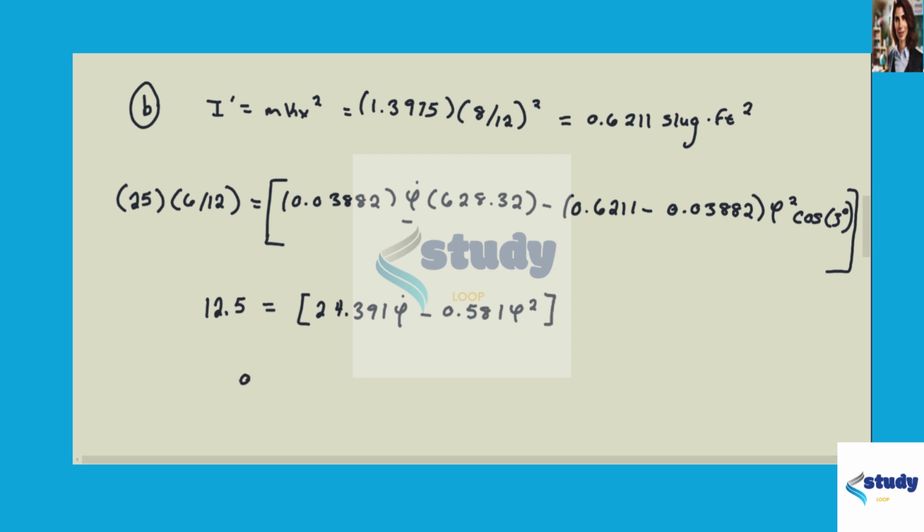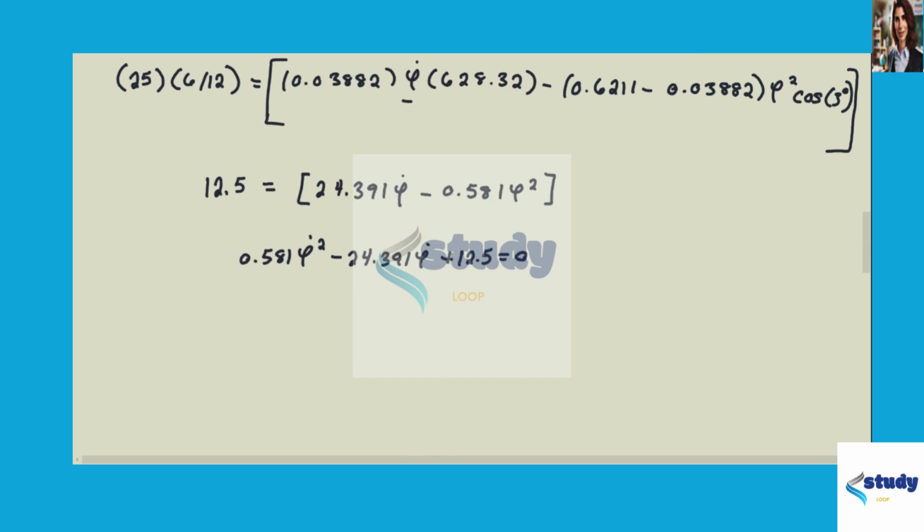And if we have it right, we have 0.581 phi squared minus 24.391 phi plus 12.5 equals 0. And we could actually do the classic formula here, the quadratic formula, just to help us.